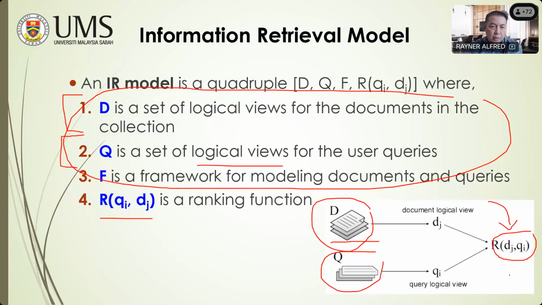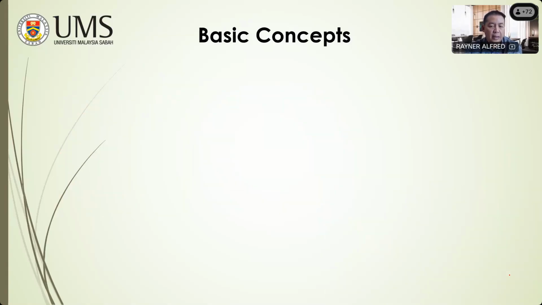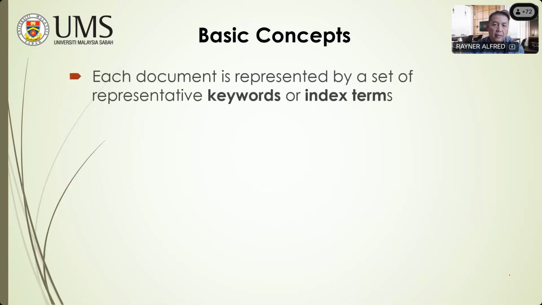Okay, so let's proceed. So now we have this model. What needs to be outlined before we can perform the ranking? So we need to know some of the basics that we use.